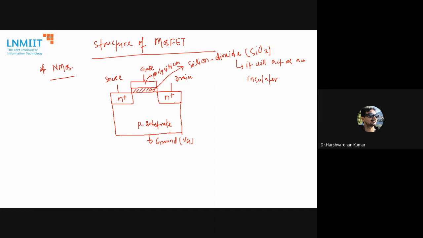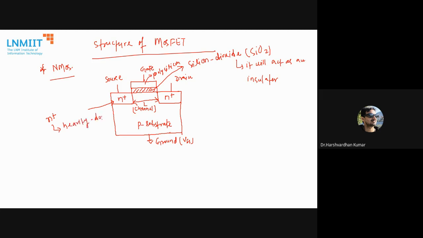Here what we can observe, this is N plus and N plus. What does N plus mean? The region between them is known as the channel, and the length of the channel is represented by L. N plus means heavily doped.